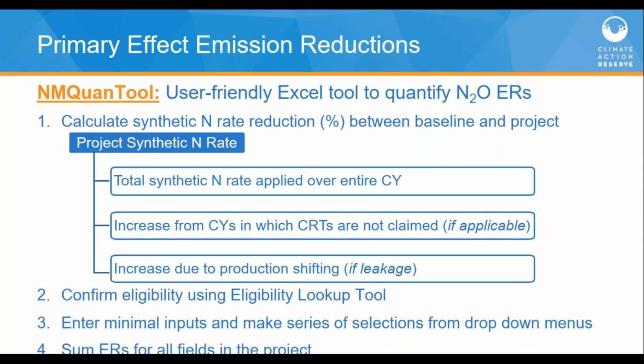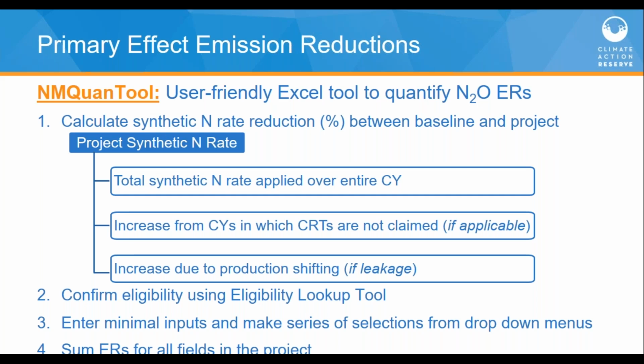This is assessed in the protocol equations, but if it is determined there's leakage, which would be determined from a statistical decrease in yield, then a proportionate increase to your N rate would need to be added. But again, those are in italics there for if applicable, if leakage. It's highly anticipated that the most common situation would be simply the total N rate applied over the entire cultivation year.